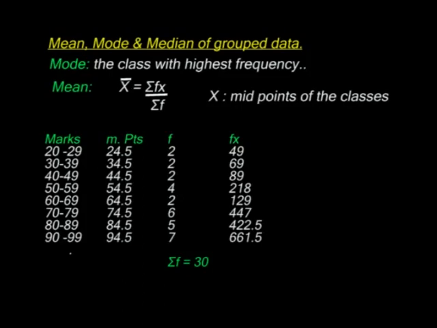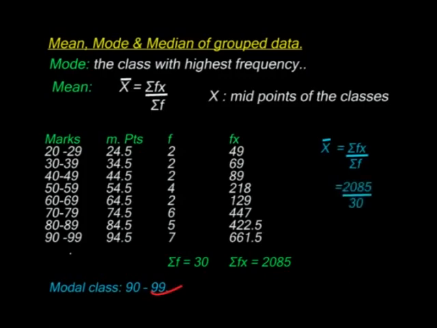The summation of fx is 2085. So the mean x bar is given by summation of fx over summation of f, which is 2085 divided by 30. That gives me 69.5. 69.5 is the mean of that group data.